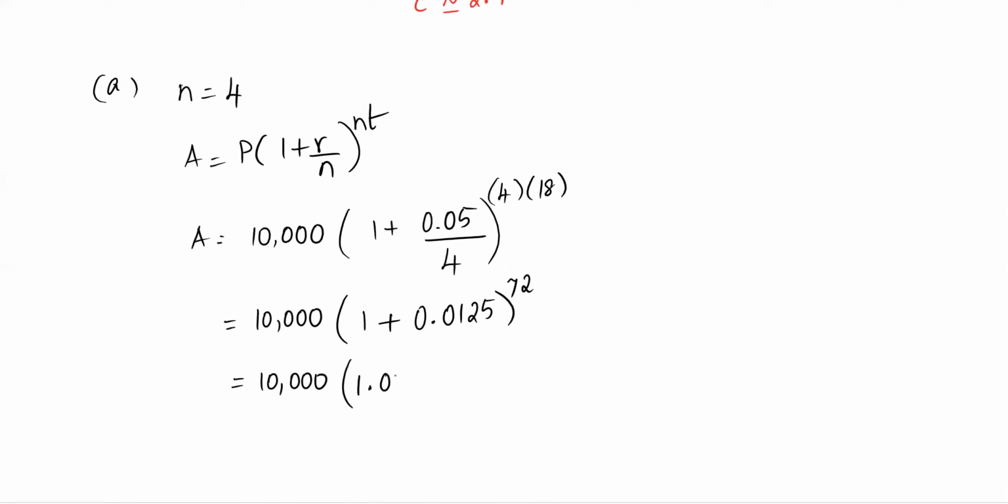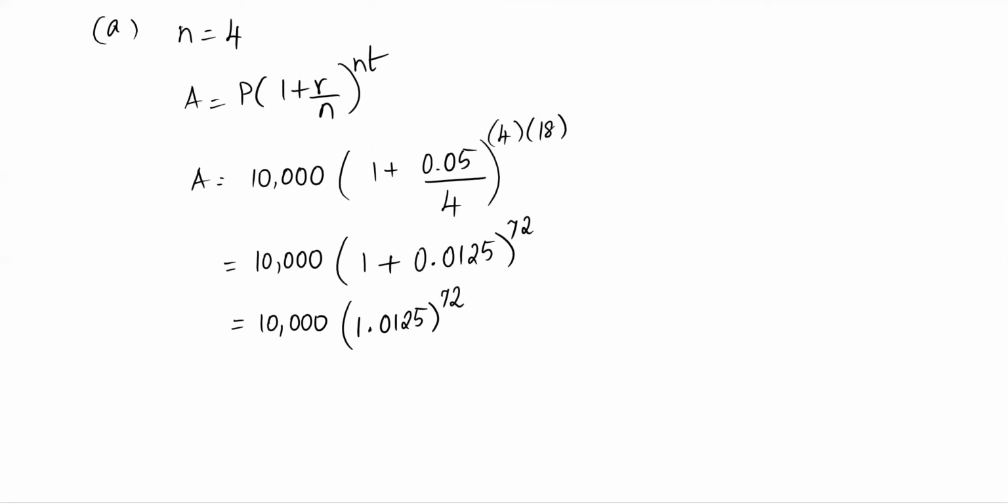So 1.0125 power 72. Now, when you bring it to this point, I would be cautious, so I will work backwards. I will first do the power, meaning I will do 1.0125 power 72.